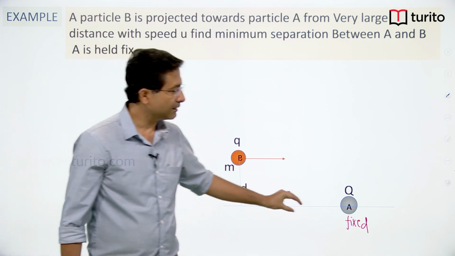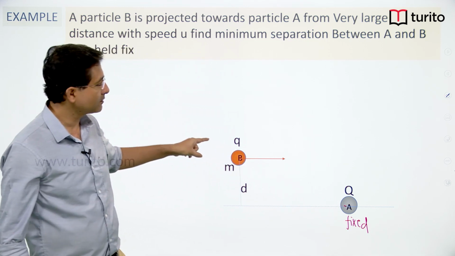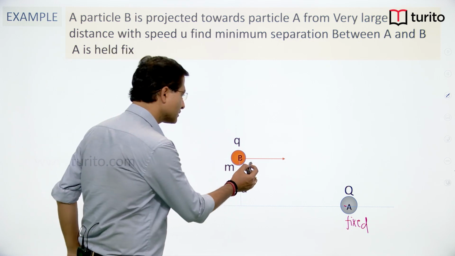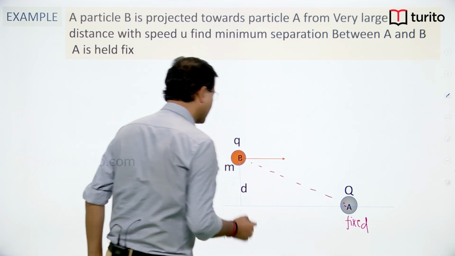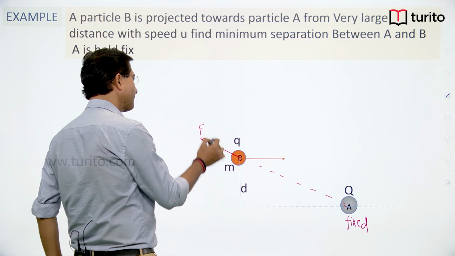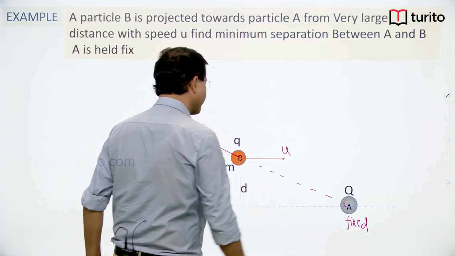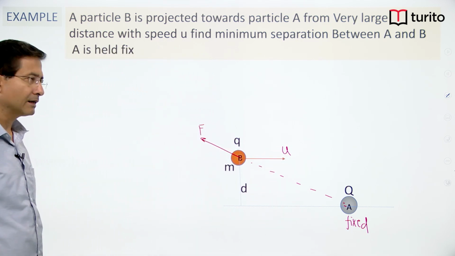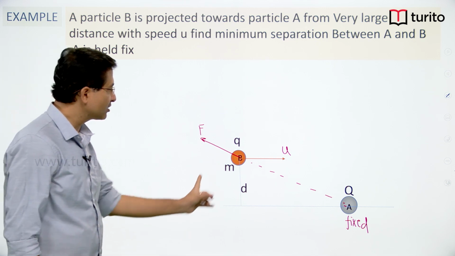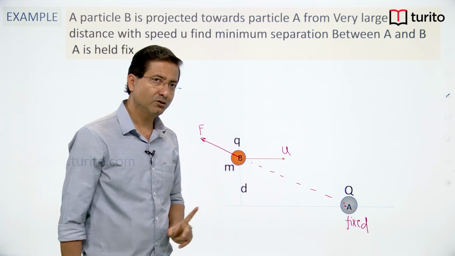As B is not projected along the line joining, the force coming on B is not along velocity. Right. So, acceleration will make some angle with u.